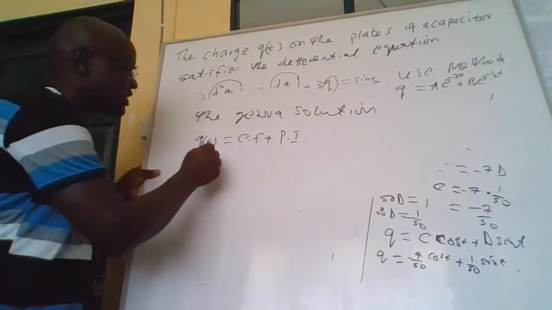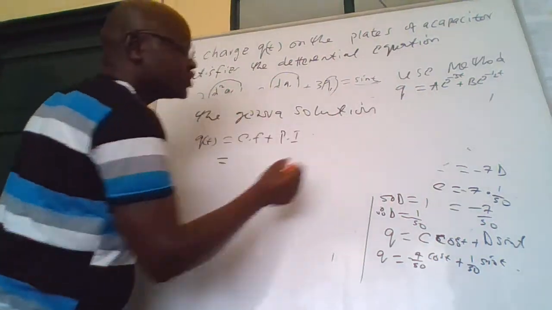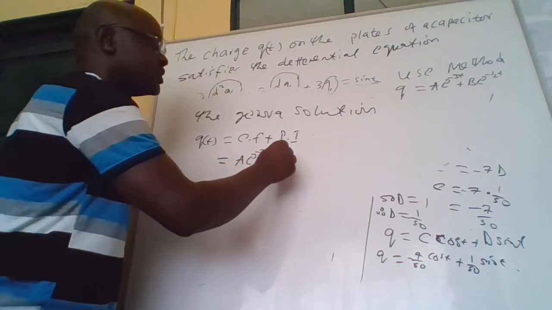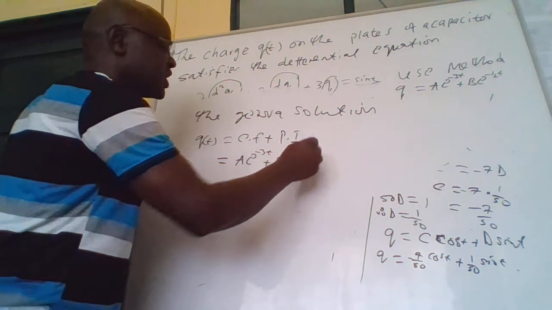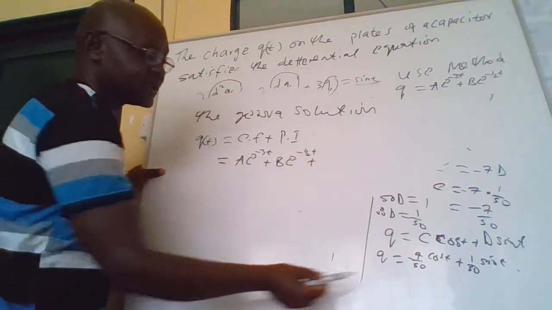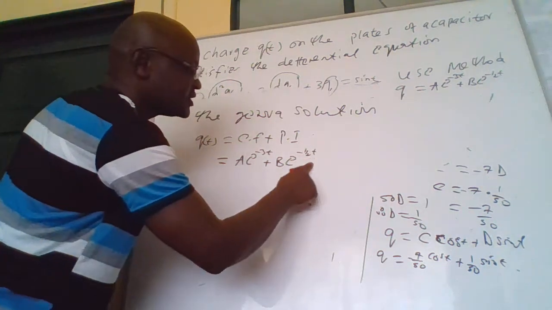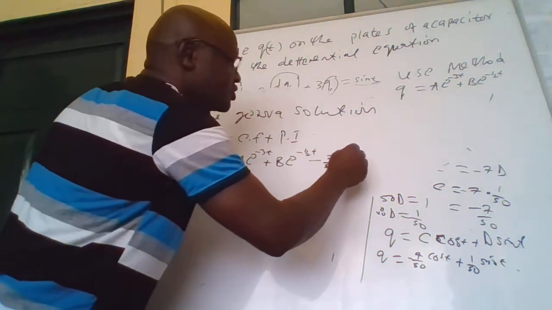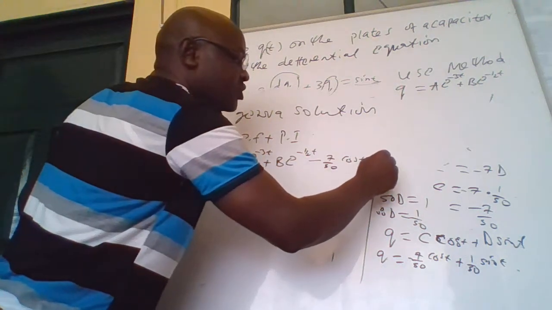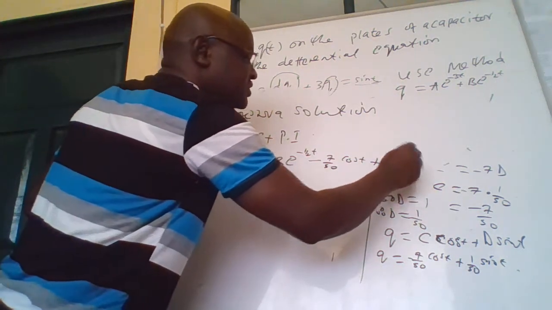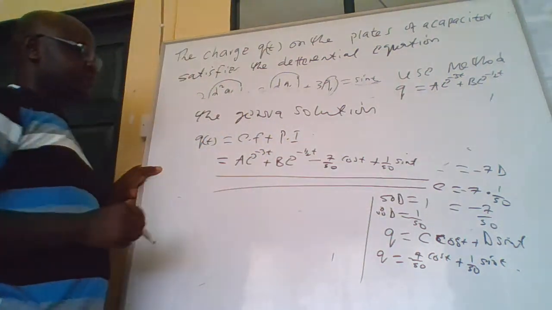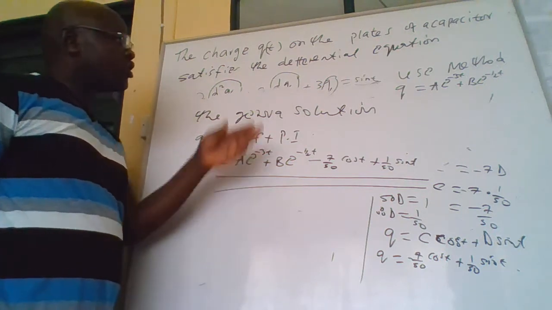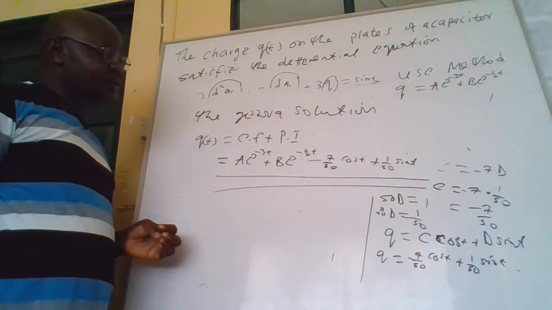The complementary function is A e to the minus 3t plus B e to the minus one half t, then now plus the particular integral, which is minus 7 over 50 cos t plus 1 over 50 sin t. Therefore, this one will be the general solution of the given equation.